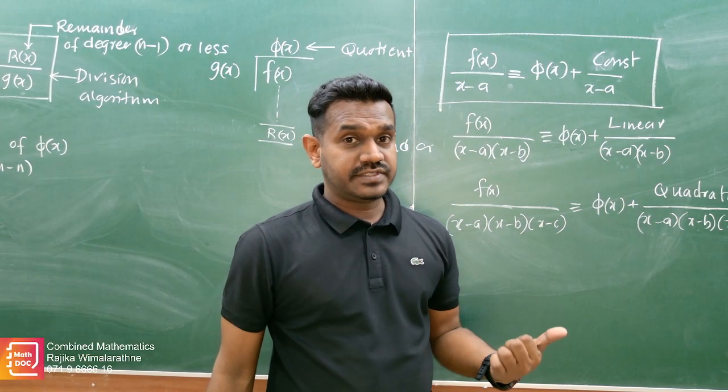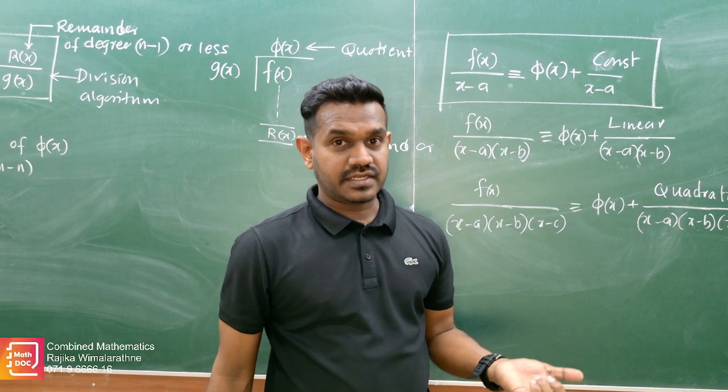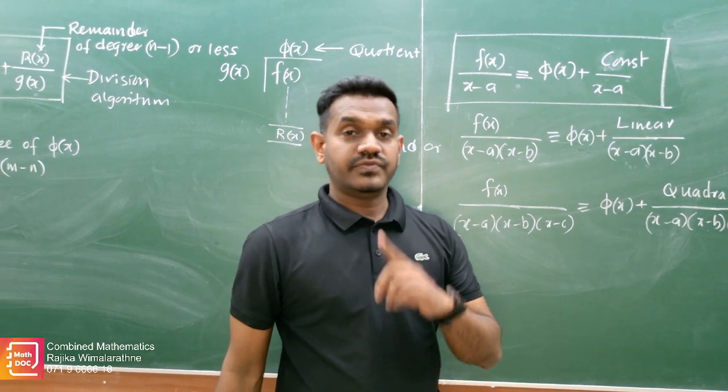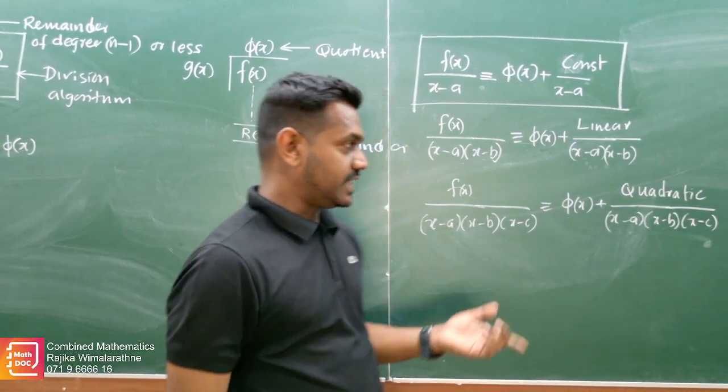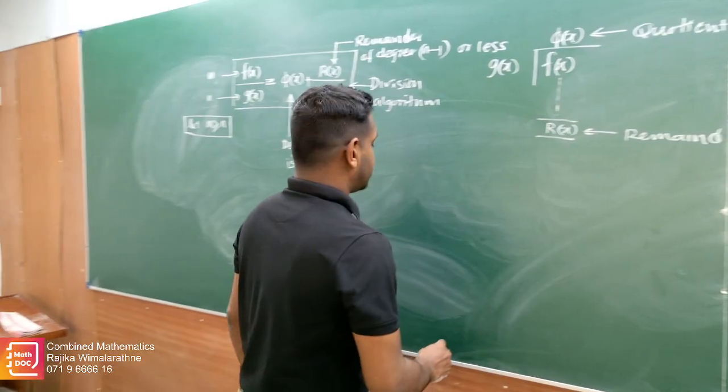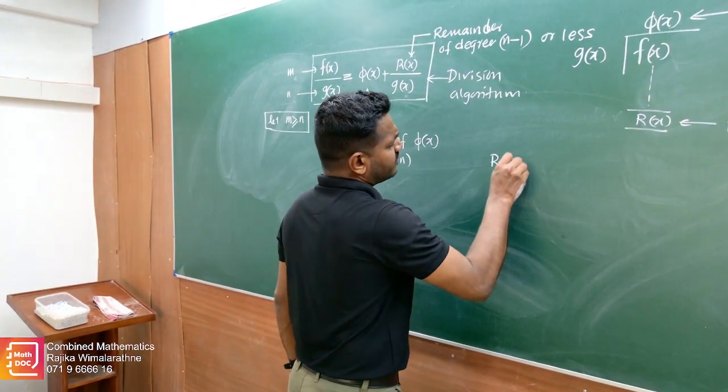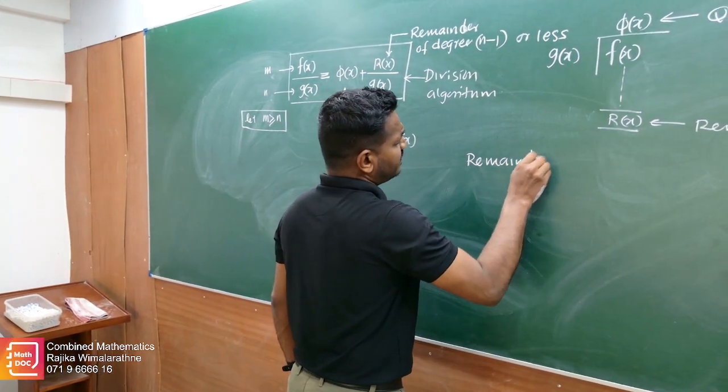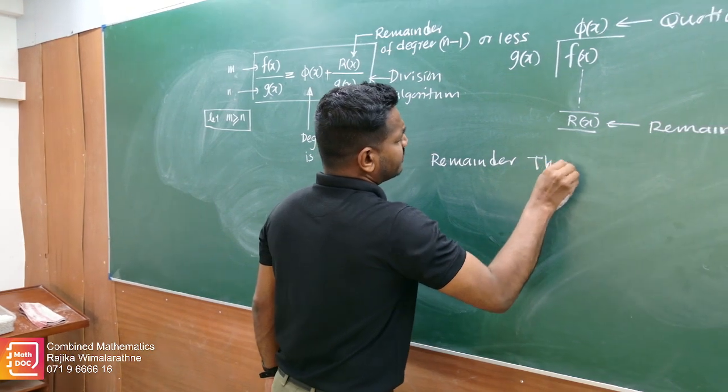If a function is divisible and divided by a linear factor, then to find the remainder we can apply the remainder theorem. Let's see what it says. Here is the theorem.